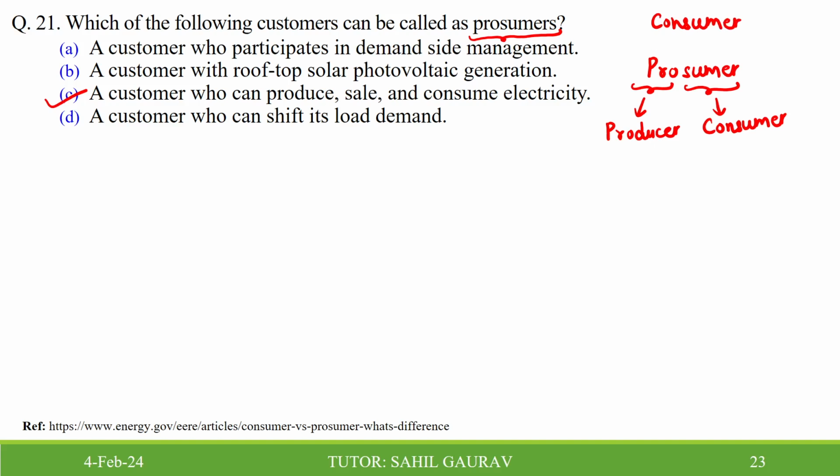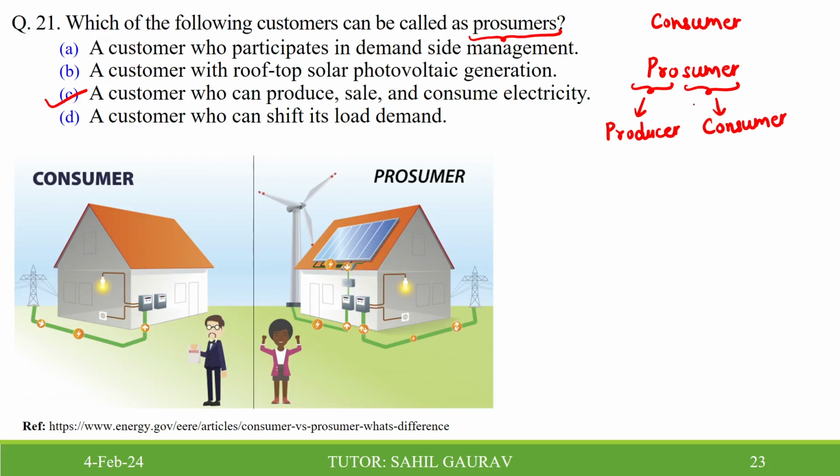How? By the installation of solar rooftop or wind generation, though this is typically not common in India. In India, we have solar photovoltaic in our household. If excess power is generated after fulfilling your power demand at home, you can sell it to the utility companies. In that way you become a prosumer, not a consumer.